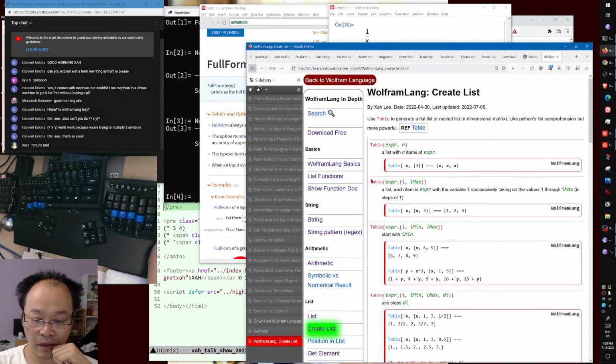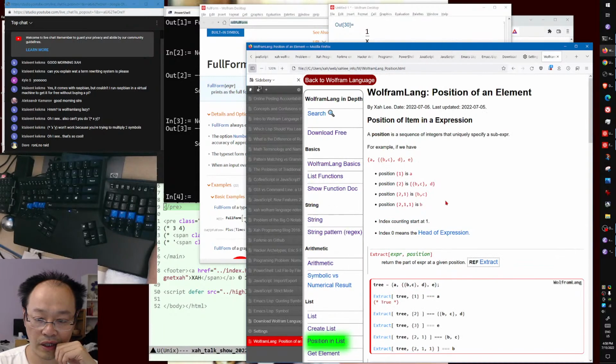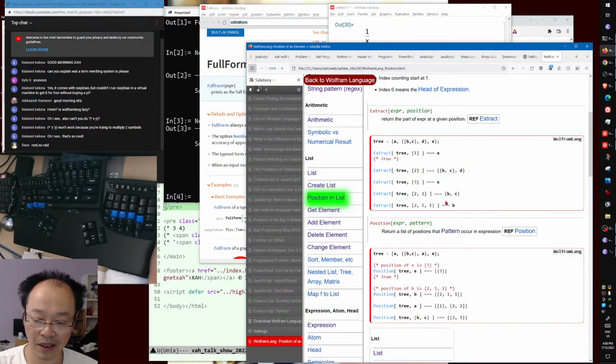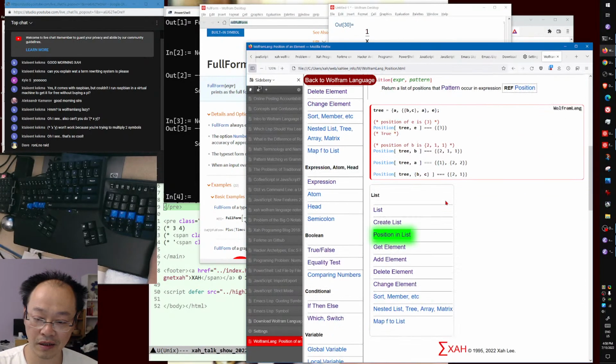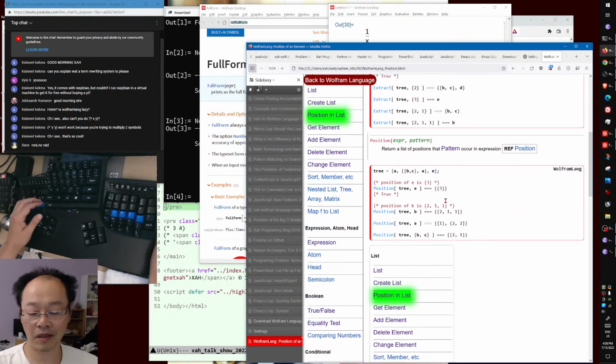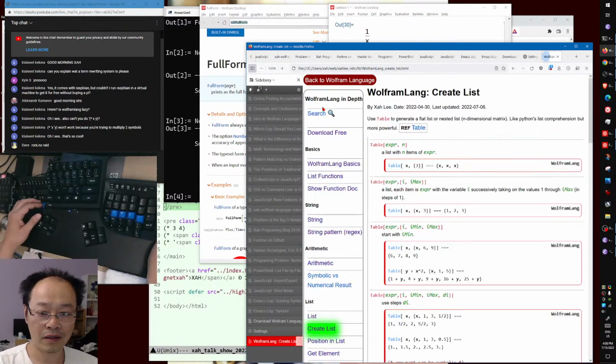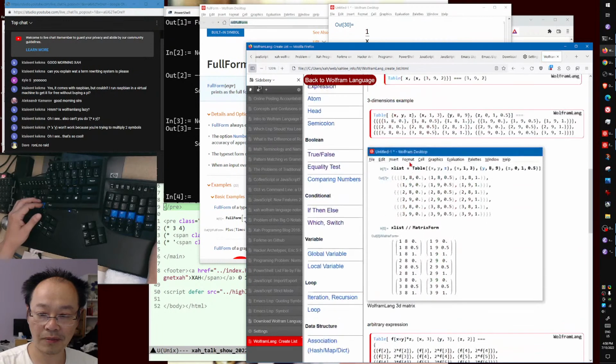So we covered expression quite a bit, but I didn't show you all the other things about lists and expressions, many other functions. So at the end, let me show you something interesting. Let's use the table example.